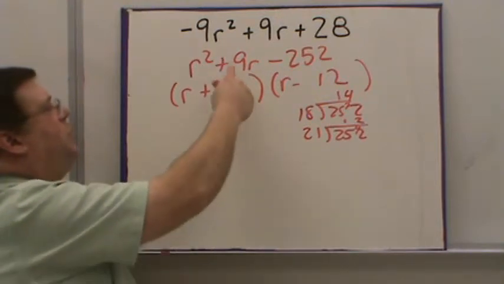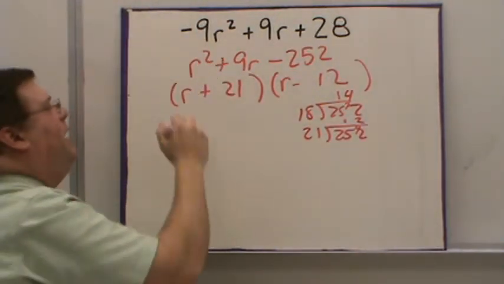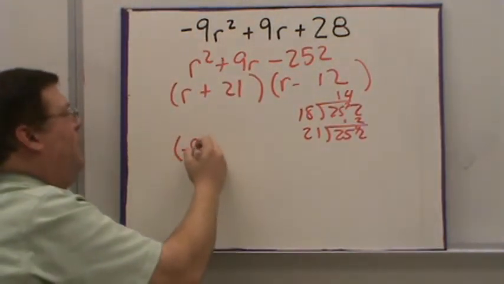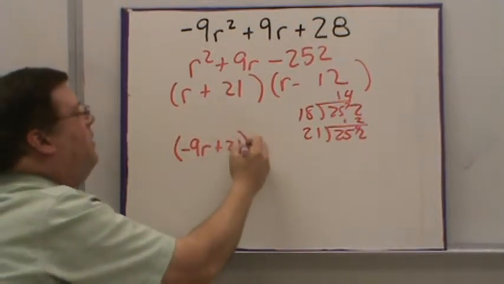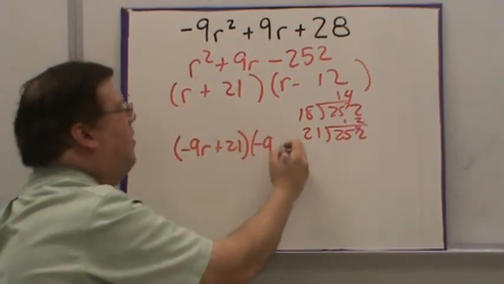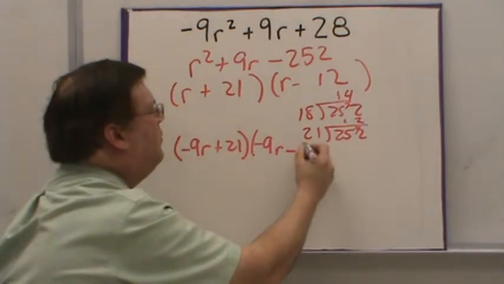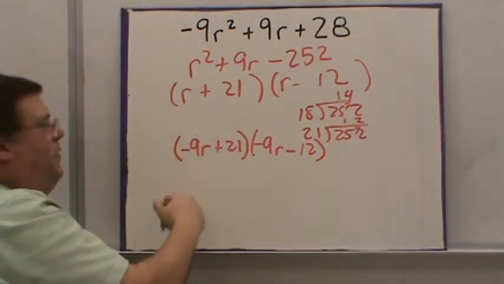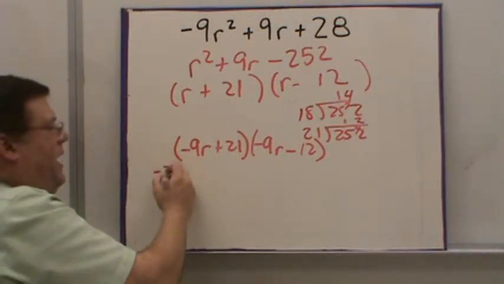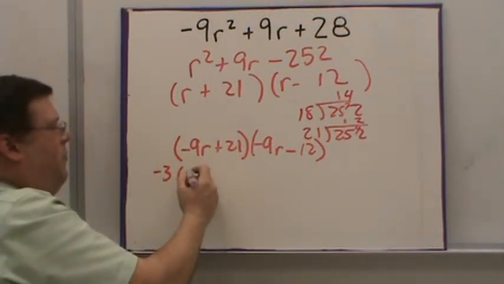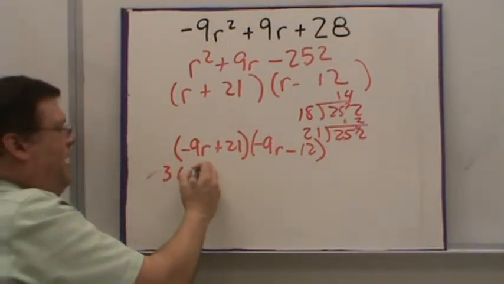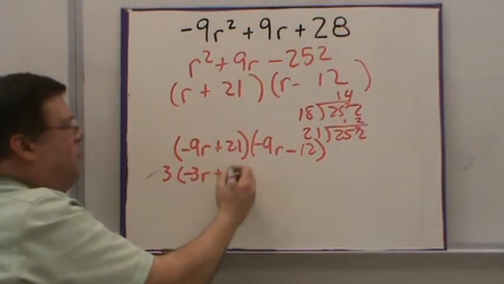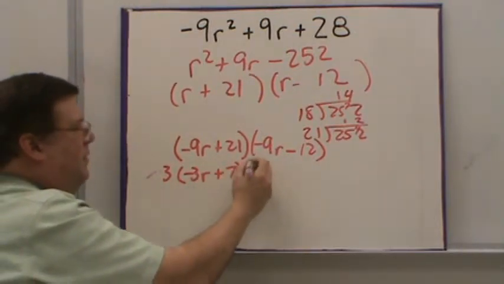Now we need to bring the negative 9 back in. So we have negative 9r plus 21 and negative 9r minus 12. There's a common factor of 3. We take out that common factor, we end up with negative 3r plus 7.